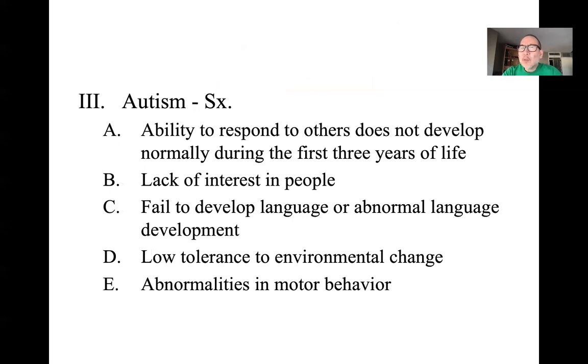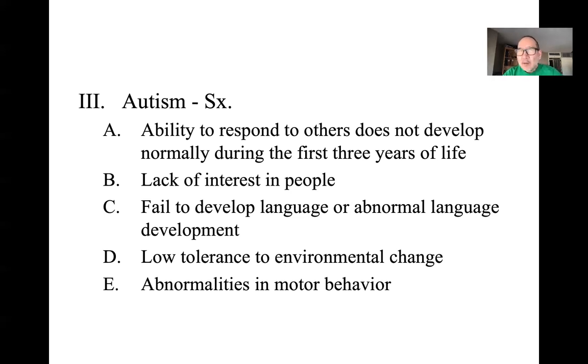It includes the ability to respond to others. The ability to respond to others doesn't normally develop in the first 3 years of life. As you may recall, with the case of Rocking and Reading, she didn't start speaking until about age 2. Now, as I mentioned before, just because a child hardly speaks at age 2 does not mean that's a rule-in for autism.